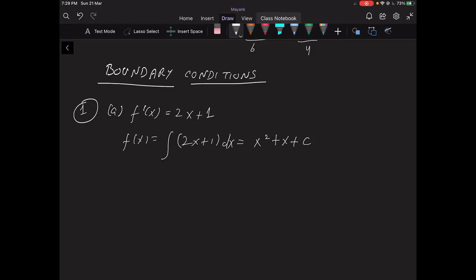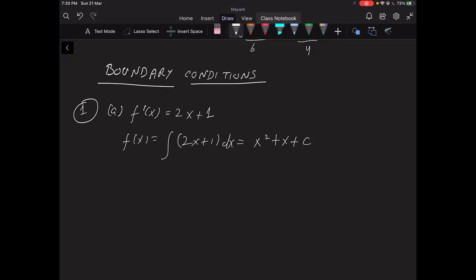If we're given one value of y corresponding to one value of x.